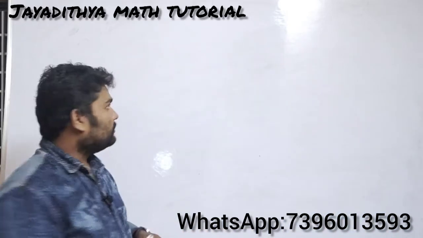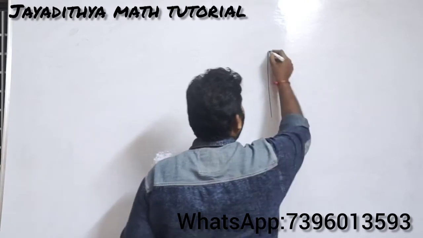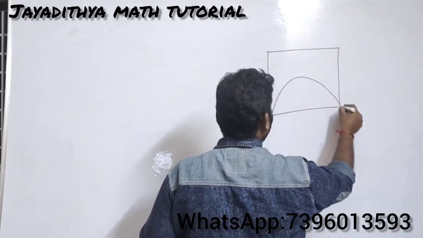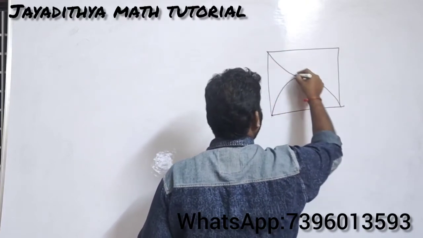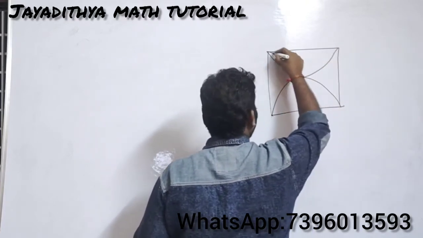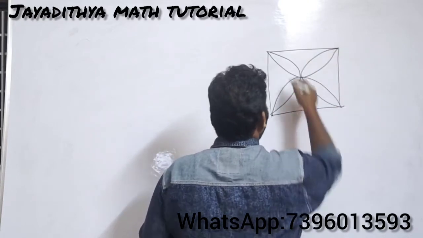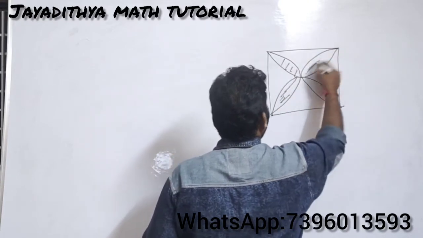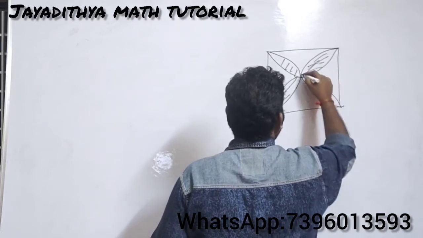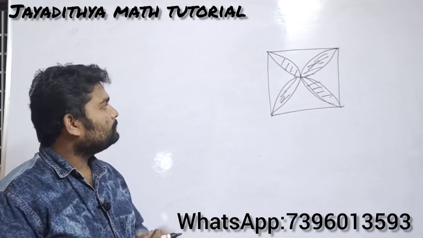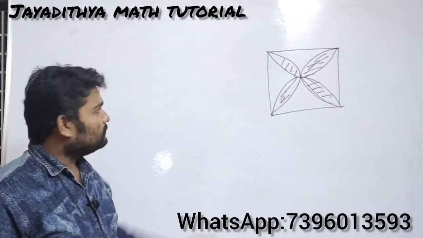See here, Nana, the next problem is there is a figure given like this, and you need to find the area of this shaded part. So how to find the area of the shaded part? If you observe, that is a square.